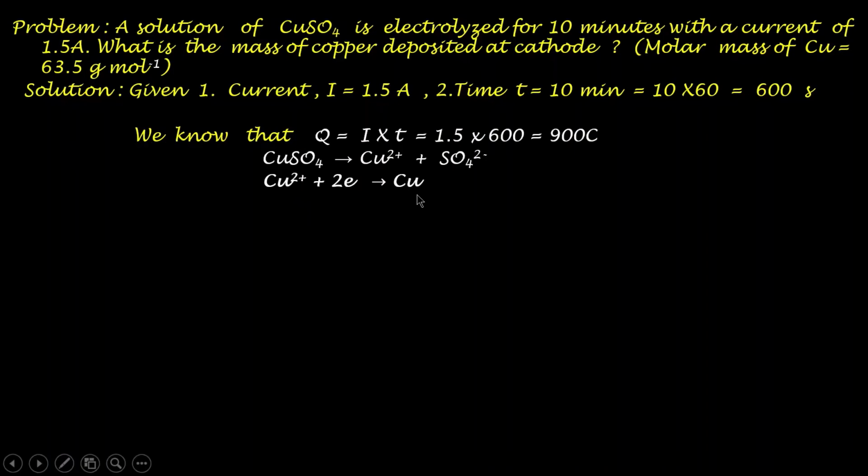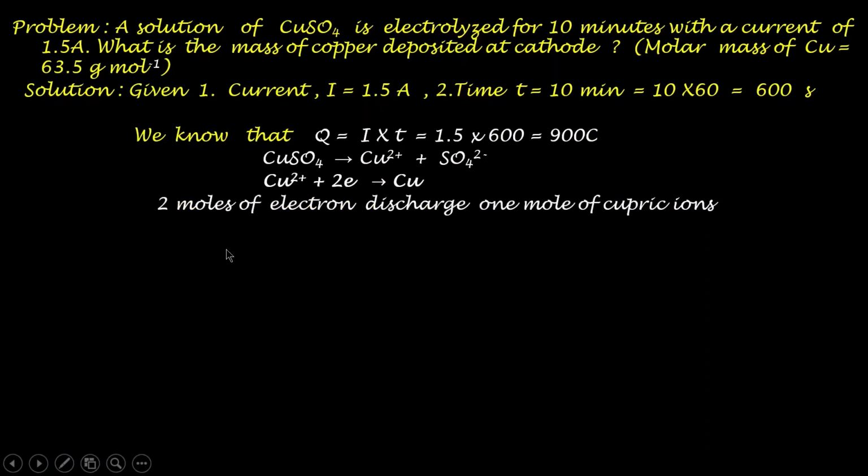Now you must find out the charge of 2 moles of electrons. 2 moles of electrons discharge 1 mole of the cupric ions. You know that Q equal to n into F. The charge of 2 moles of electrons will be obtained by multiplying the charge of 1 mole of electrons with 2.